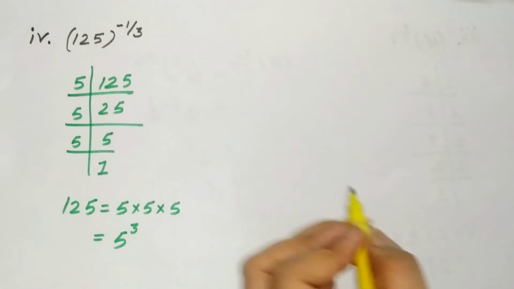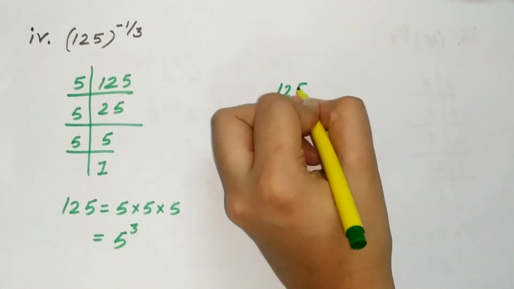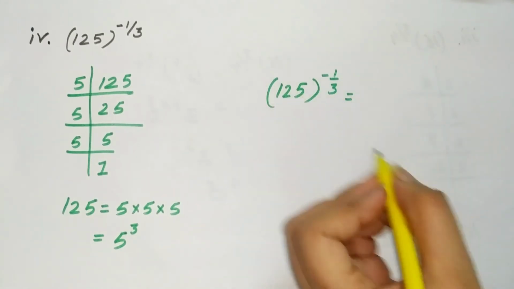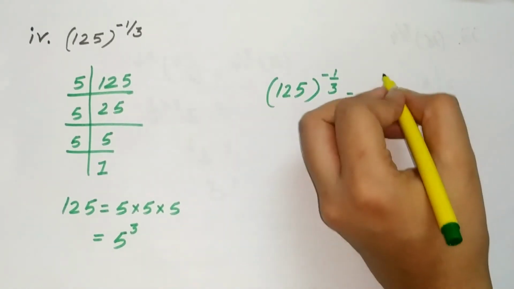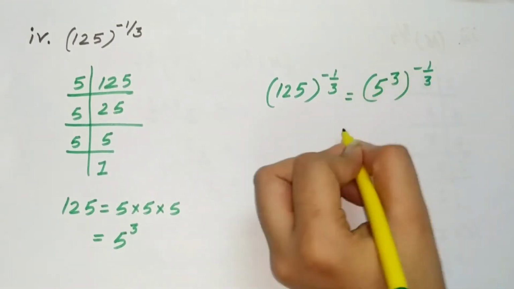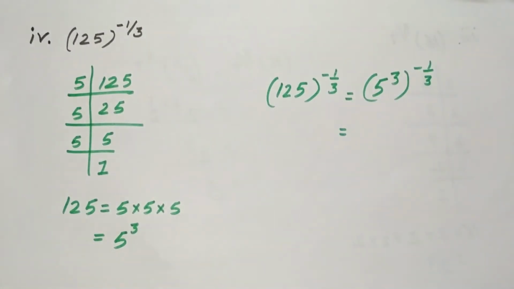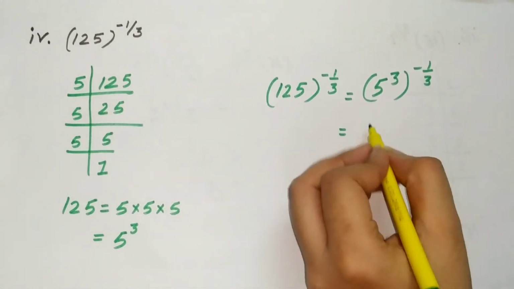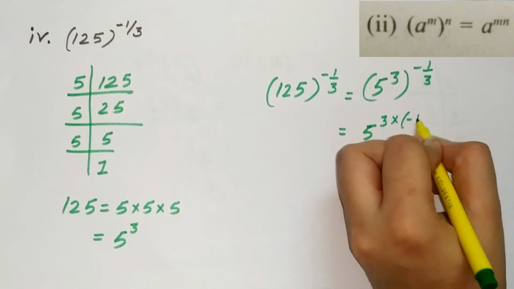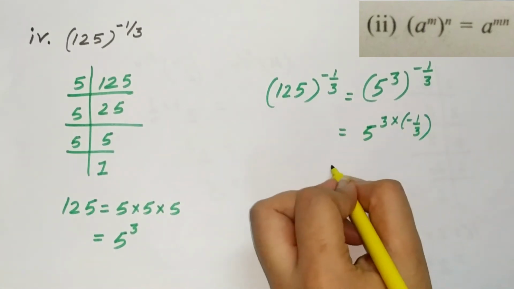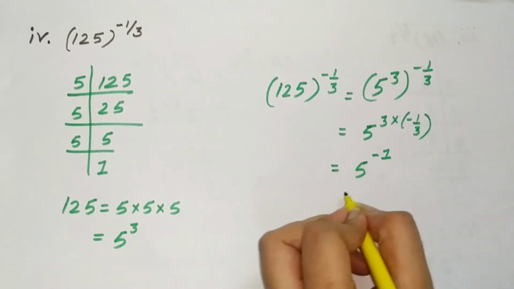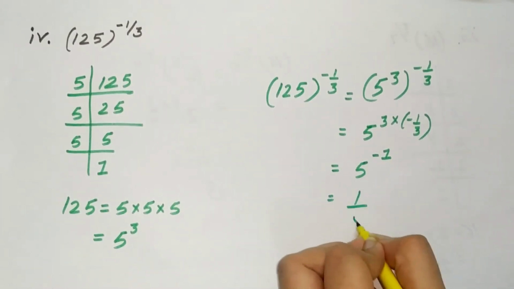Substitute the value in expression. 125 raised to the power minus 1 by 3 can be expressed as 5 raised to the power 3 multiply minus 1 by 3. Use laws of exponents. Which is equivalent to 5 raised to the power minus 1 or 1 by 5.